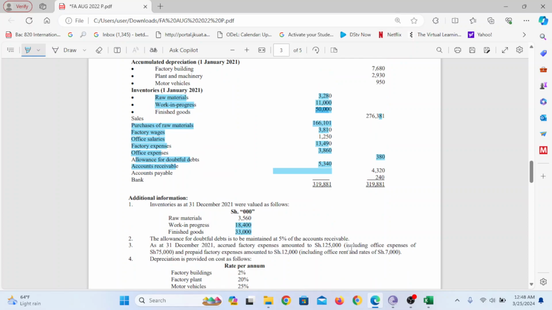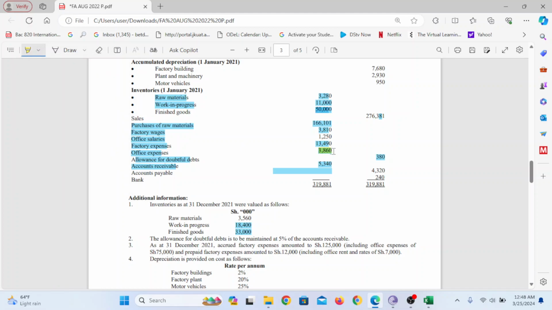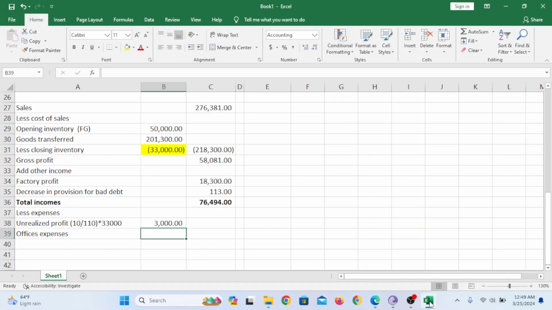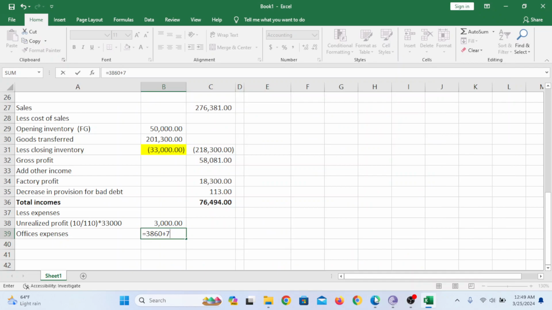There was an accrual of 75, so office expenses is 3860. So the first thing I need is 3860, plus accrual, which was office expense 75, minus prepayment.